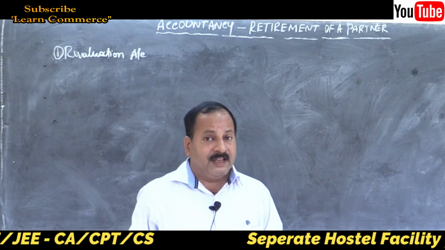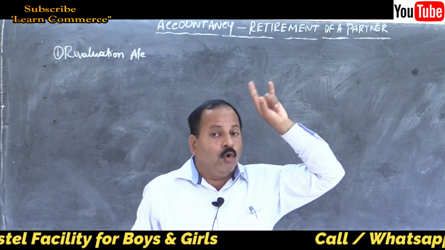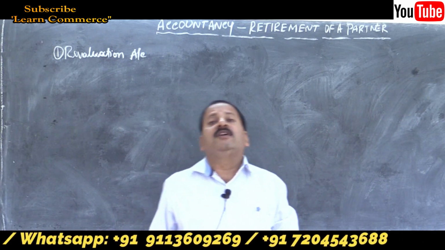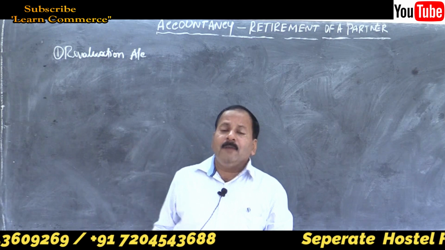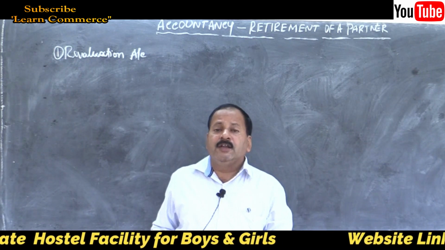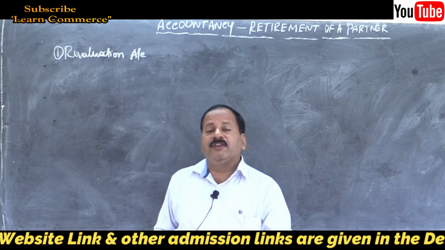Remember, this is the difference. Under admission, we used to give credit or debit to old partners only in their old ratio. Here we give credit to all partners' capital accounts, or debit all partners' capital accounts, in their old profit sharing ratio. This is the difference between admission and retirement.